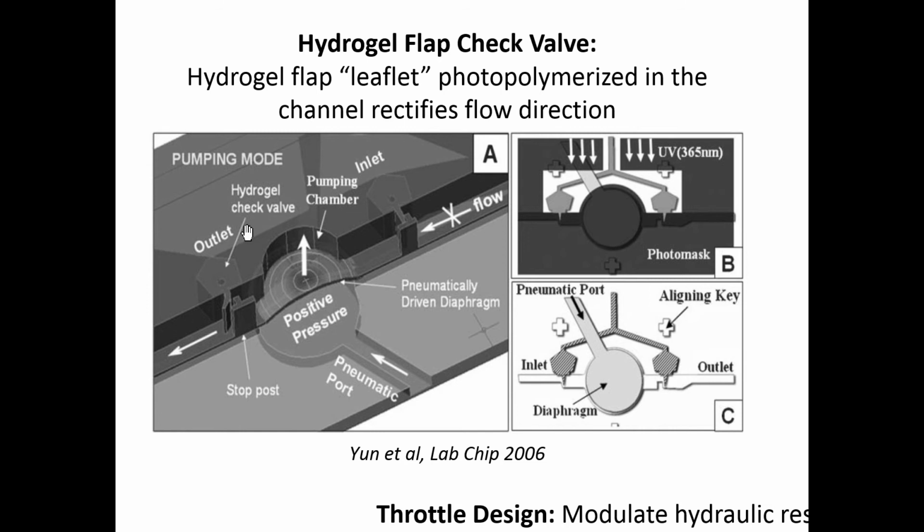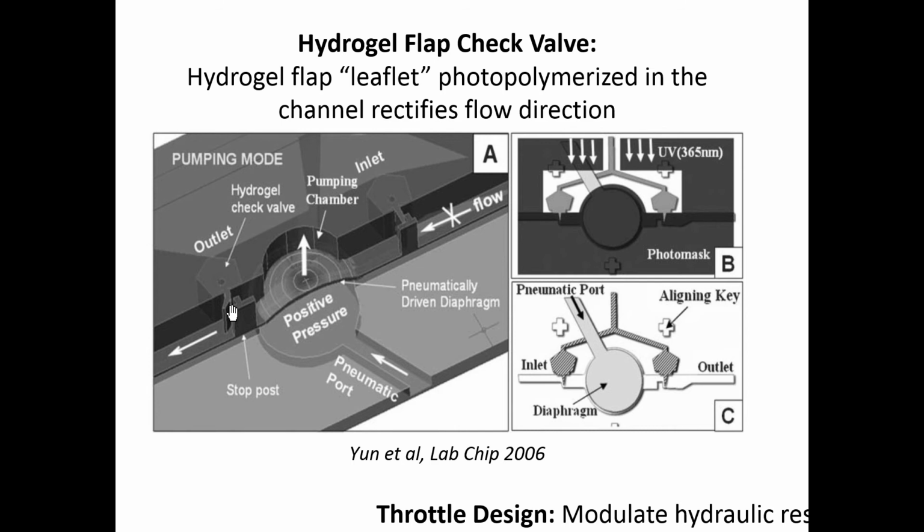So in this particular example, they made a valve that rotates parallel to the device, in plane with the device, and the way they freed this valve is by using photopolymerization. So instead of using the same soft lithography process which is used to make the channels and the channel walls, they actually used light to photopolymerize a hydrogel within the channel.